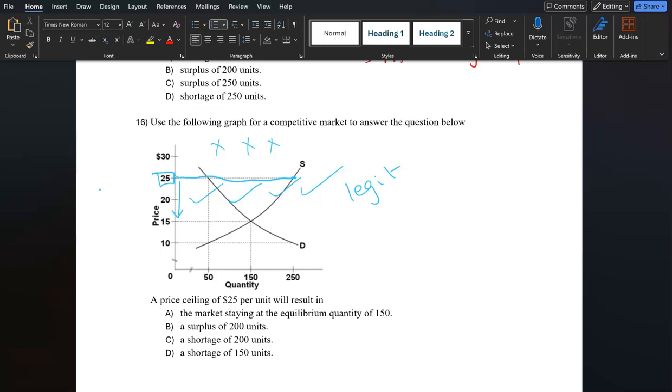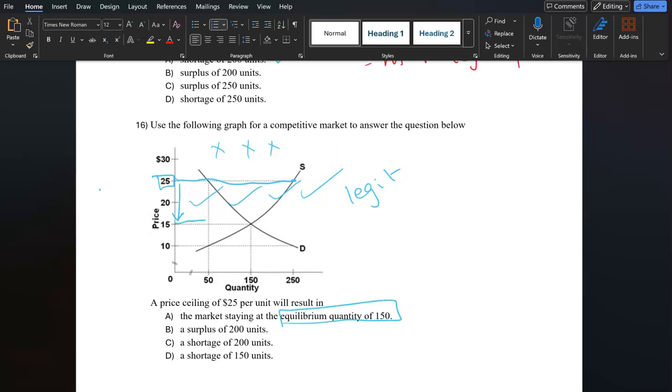I have the option to come down to $15, and that's what I'm going to do. So the market is staying at the equilibrium quantity of 150. The price will come down to 15 and we are here. That's our answer.